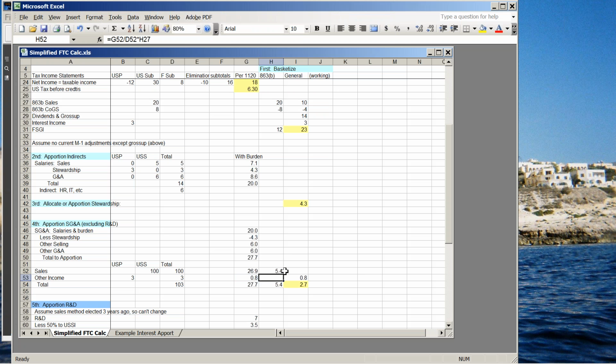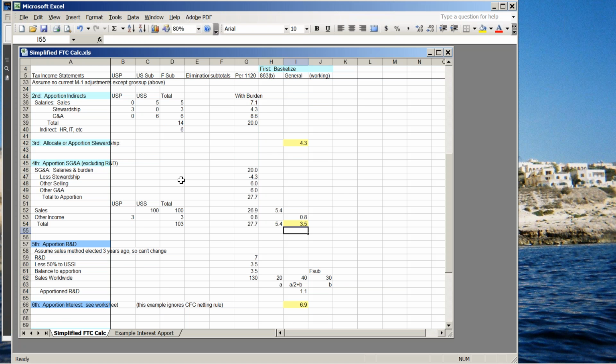We've got 5.4 of expenses apportioned to sales, and to H63B sales, and 800,000 apportioned to general basket because it's going to that interest income. Remember that interest income was all looked through in general basket.